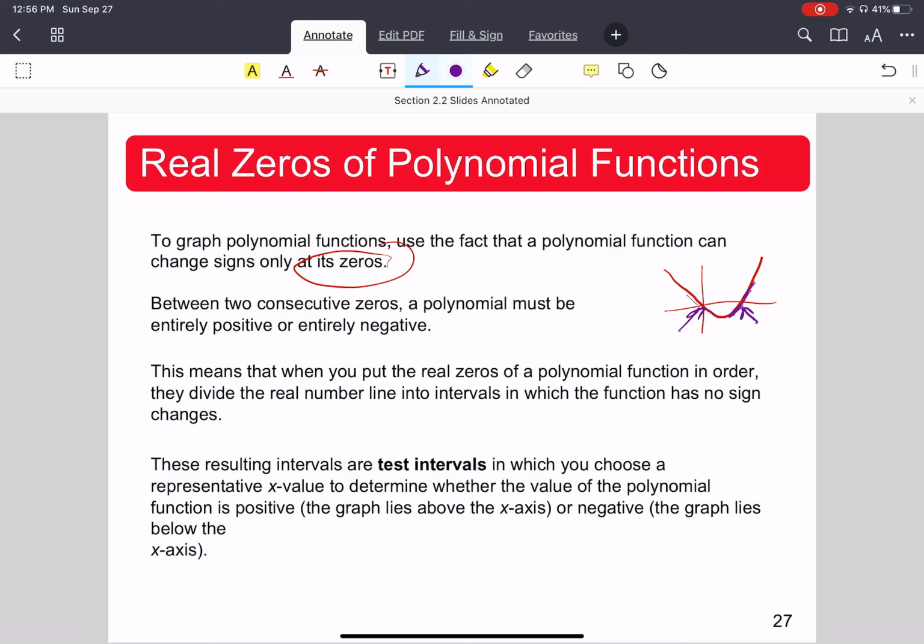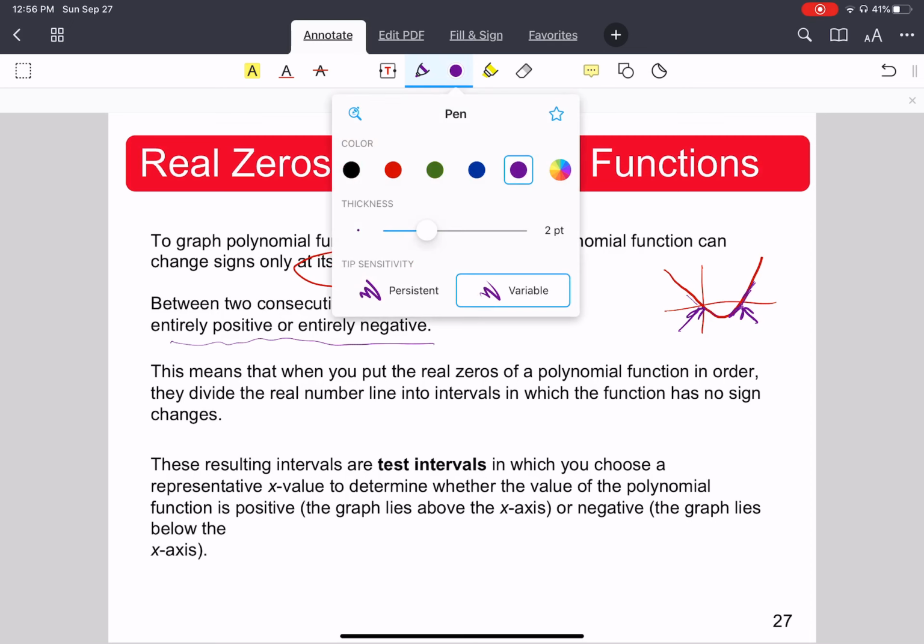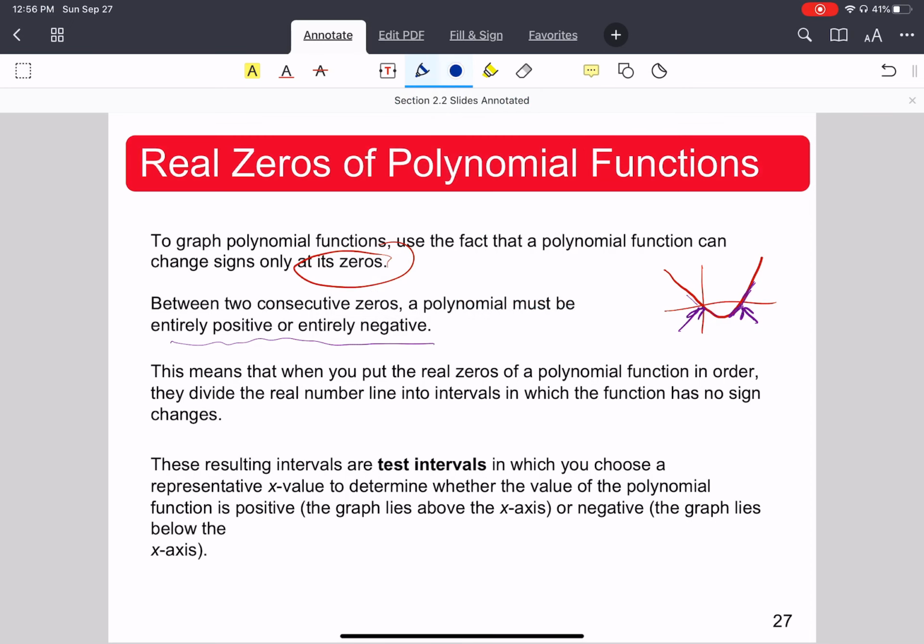Between two consecutive zeros, a polynomial must be entirely positive or entirely negative. With that first graph, in between the zeros, the function is always negative. But let me draw another example.